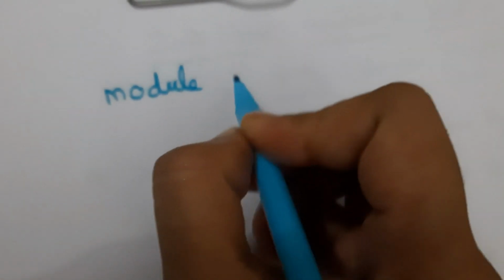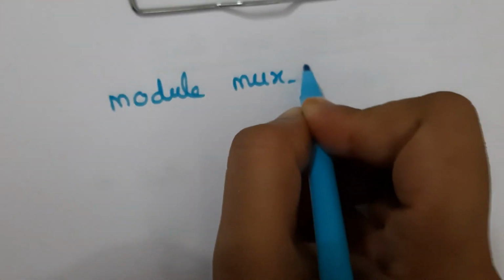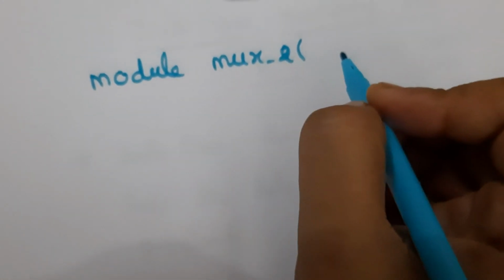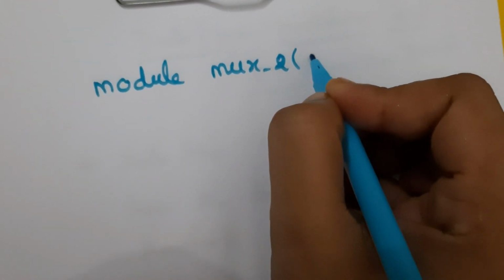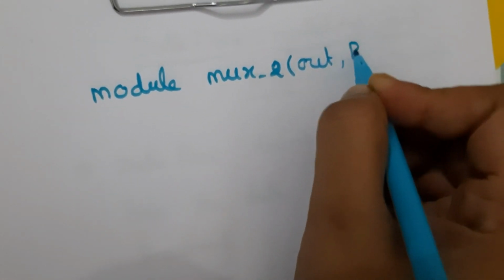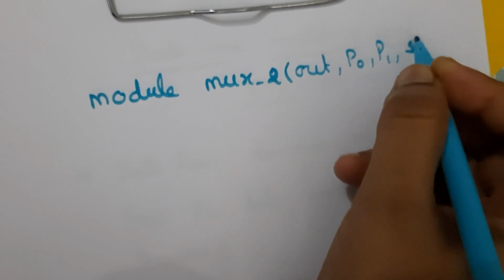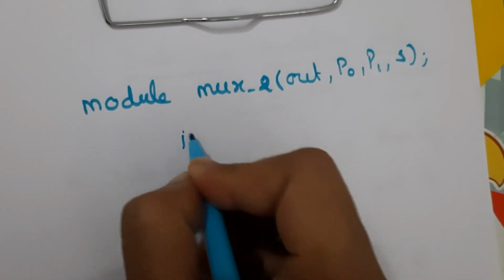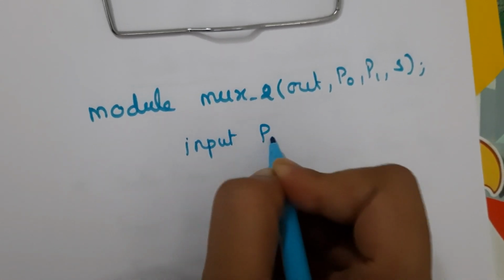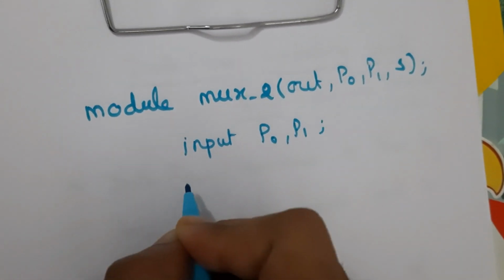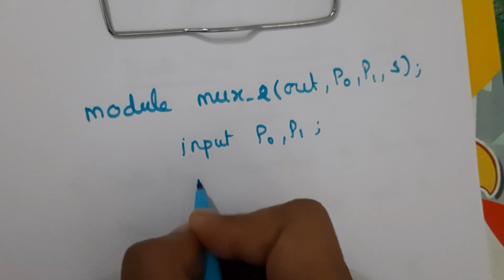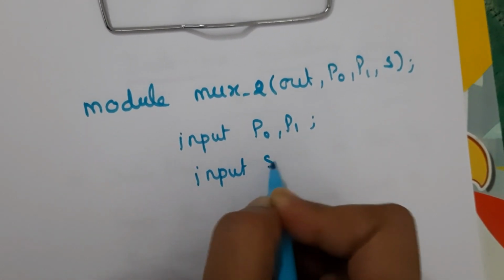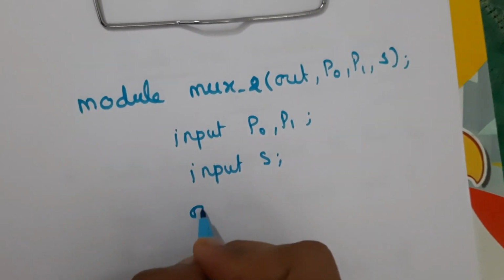Module mux2, with two inputs, and ports P0, P1 and select. Again we have to declare the inputs: P0, P1, and also the input select line, and the output is out.